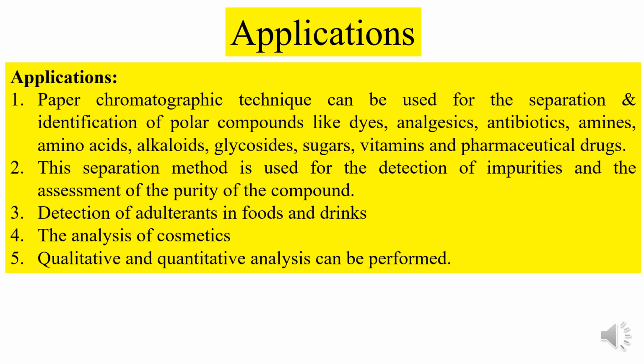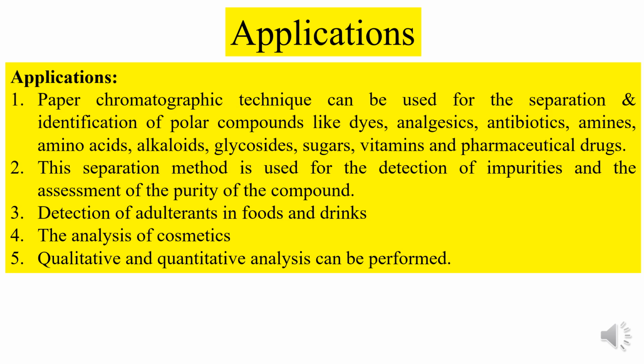Now what are the applications of the paper chromatographic separation method? There are several applications and I have highlighted some of the important ones. The paper chromatographic technique can be used for the separation and identification of polar compounds like dyes, analgesics, antibiotics, amines, amino acids, alkaloids, glycosides, sugars, vitamins and pharmaceutical drugs.